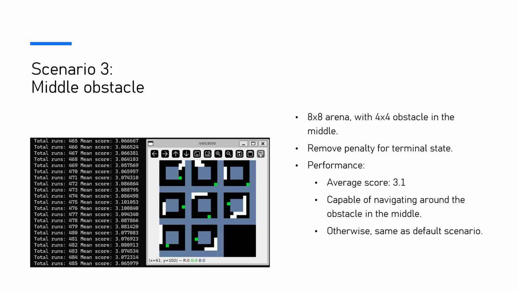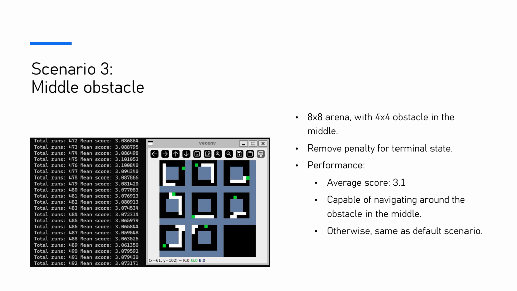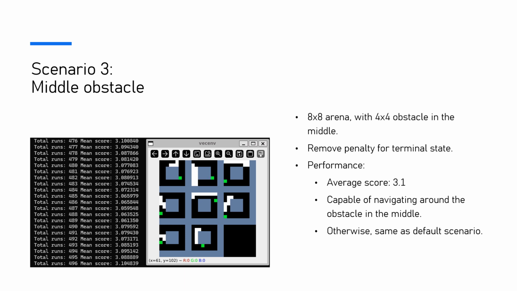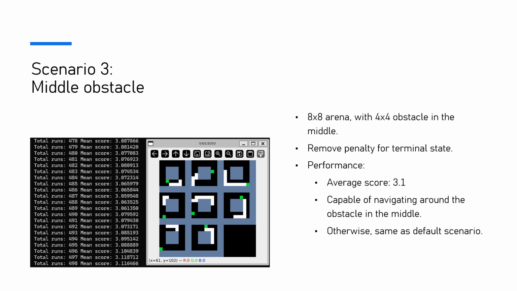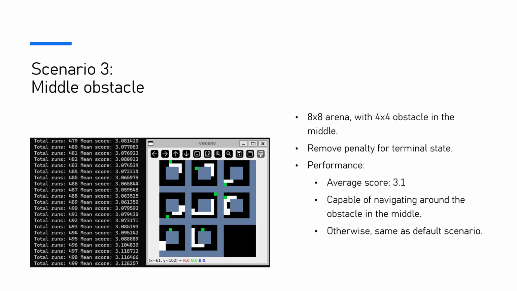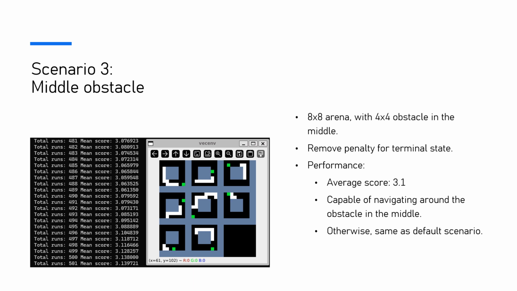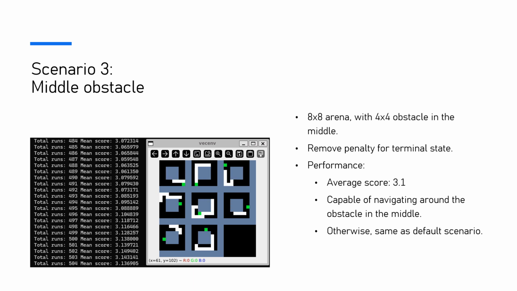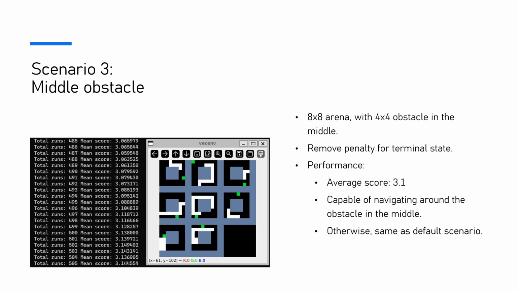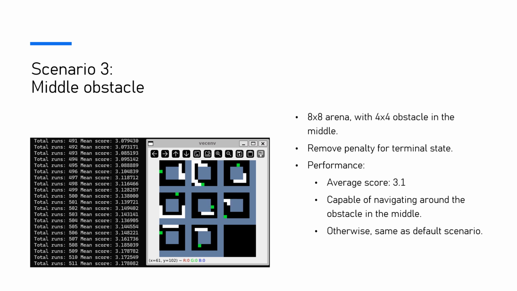The third scenario that I want to talk about is the middle obstacle, which is basically you put an obstacle in the middle of an empty 8x8 arena, and the size of the obstacle here is 4 by 4. And in order to train this, we have to remove the penalty for the terminal state.